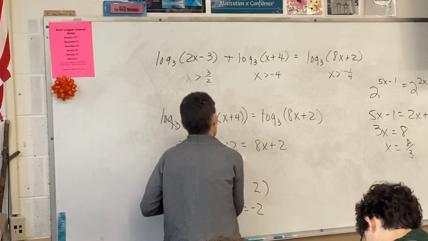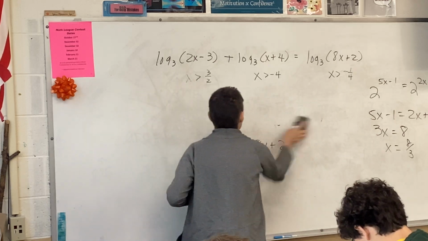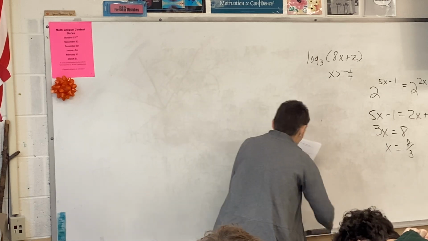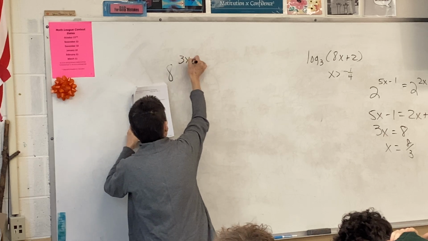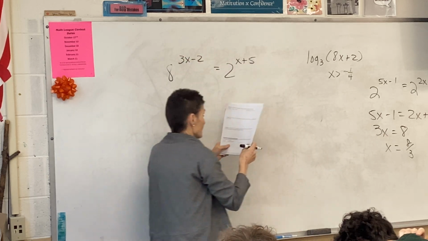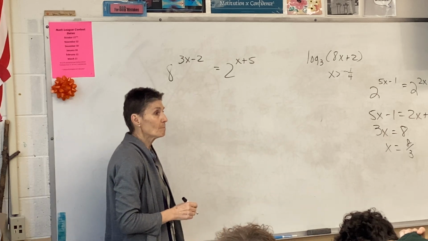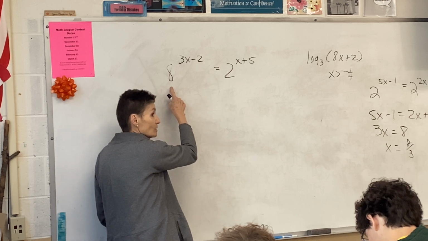B is a tad more complicated because why? The bases are not the same, so you can't just set the exponents equal. However, can you make the bases the same? Yep, by rethinking 8 as 2 cubed.